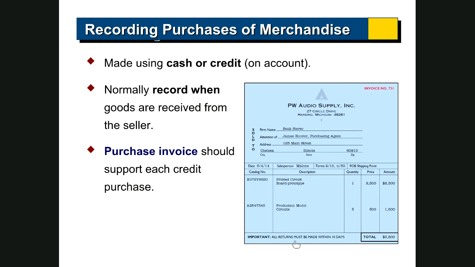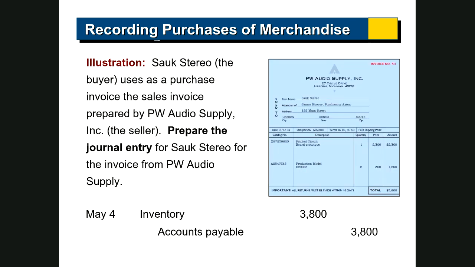From the supplier who's selling you the inventory. So we have an example here where South Stereo, the buyer, uses a purchase invoice, the sales invoice prepared by PW Audio. So the purchase invoice of one company is the sales invoice of another company.